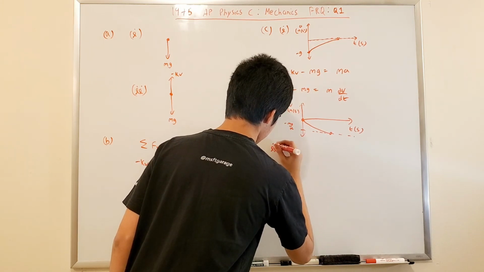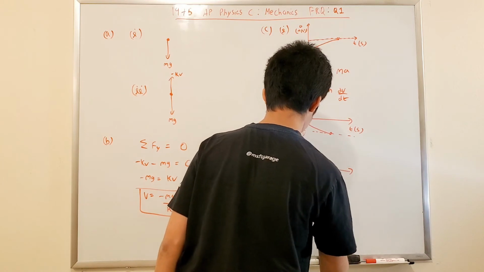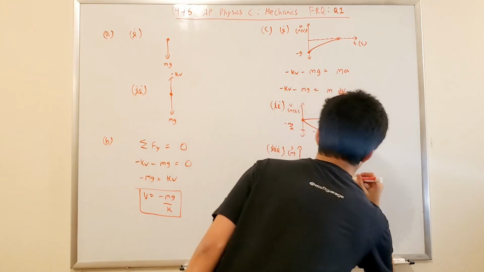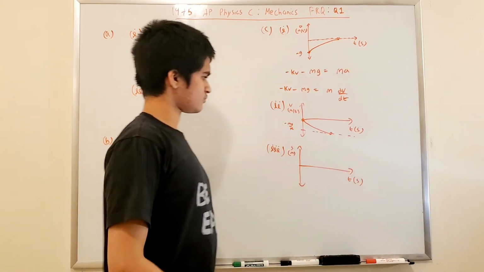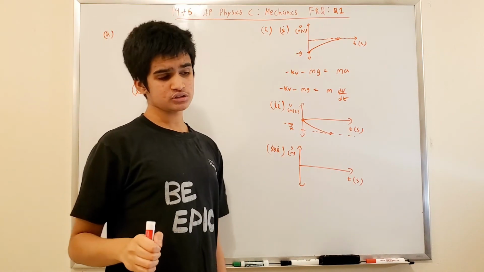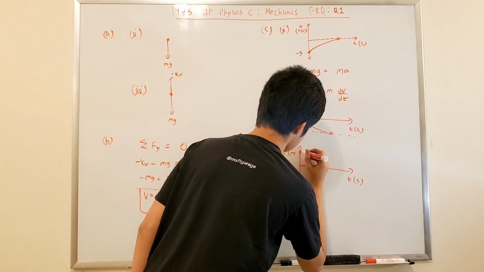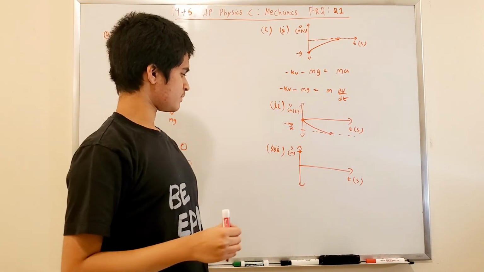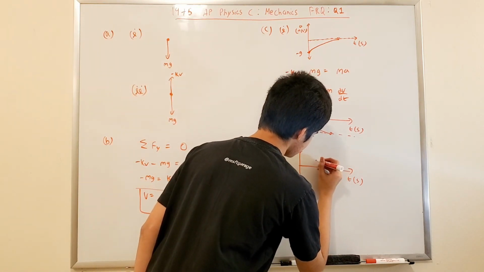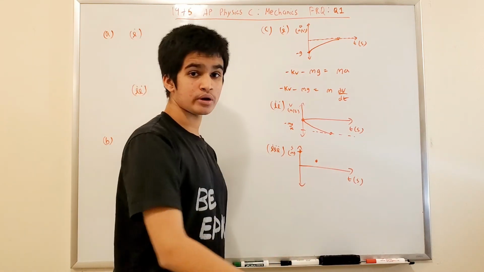And our final part is our position time graph. So we start off at some position, and that's going to be some height up here. And we're going to reach our terminal velocity at some point, at some position over here, and then we're going to continue going to the ground.